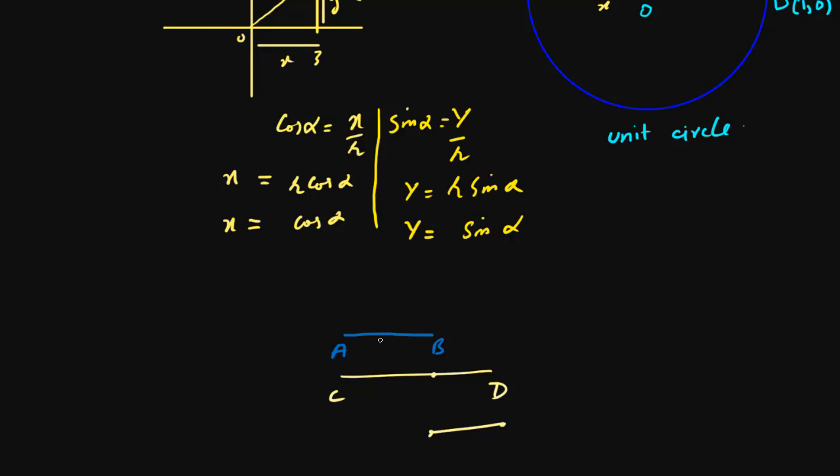Then we bring that and subtract that part, because AB will be subtracted from CD. What will be remaining? It is B and D. It means from B to D we will get that portion, and all the rest will cancel out.